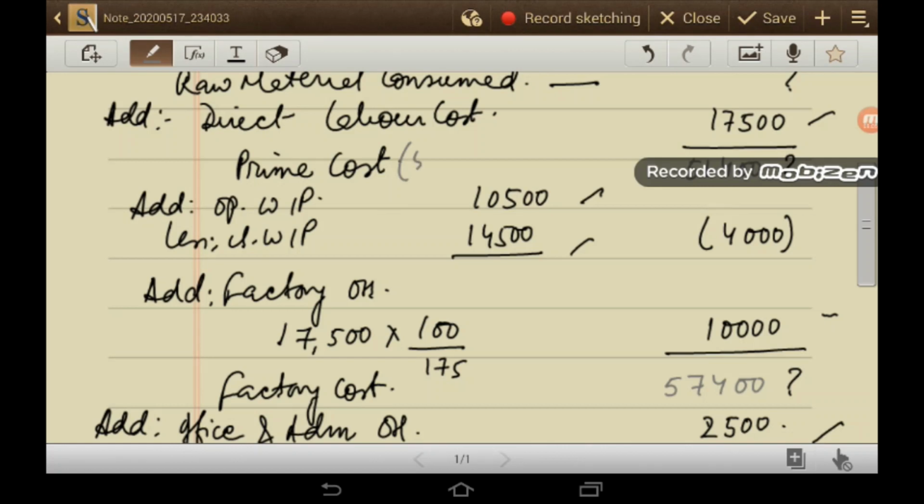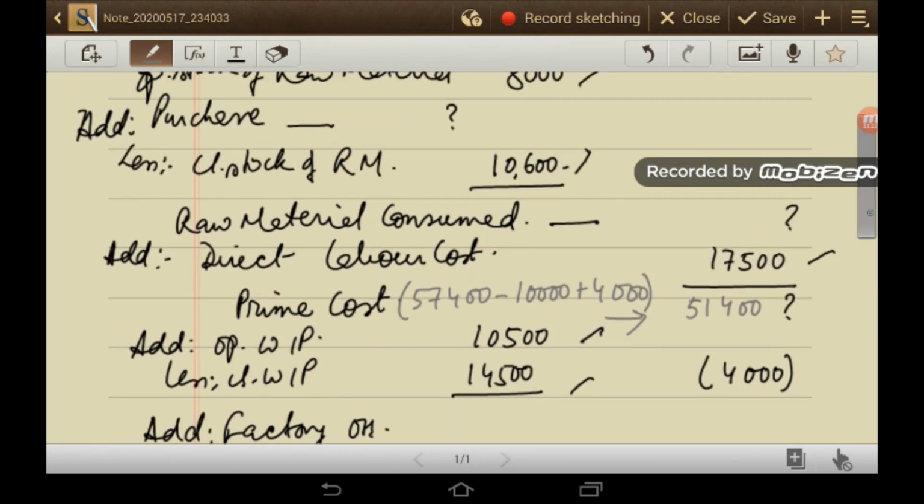I have arrived 57,400, then minus 10,000 plus 4,000. So this will give you 51,400, and your raw material consumed will be 33,900. Simply I have deducted 51,400 minus 17,500. So this will give you raw material consumed.